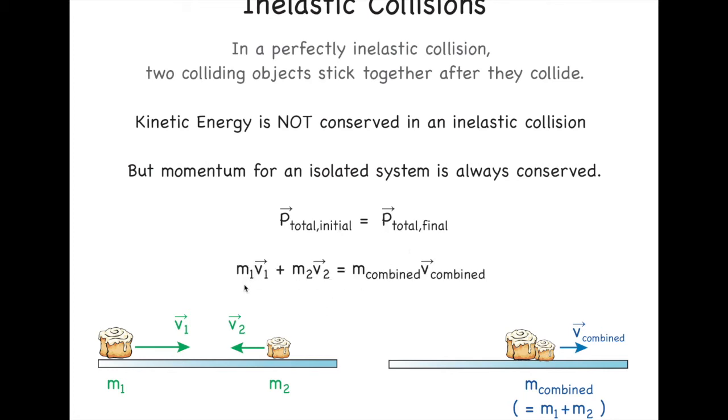The initial condition is you have two separate masses with two separate velocities. The total initial momentum is m1v1 plus m2v2, whereas the total final momentum will be the combined mass, which is just m1 plus m2, times that single combined velocity.